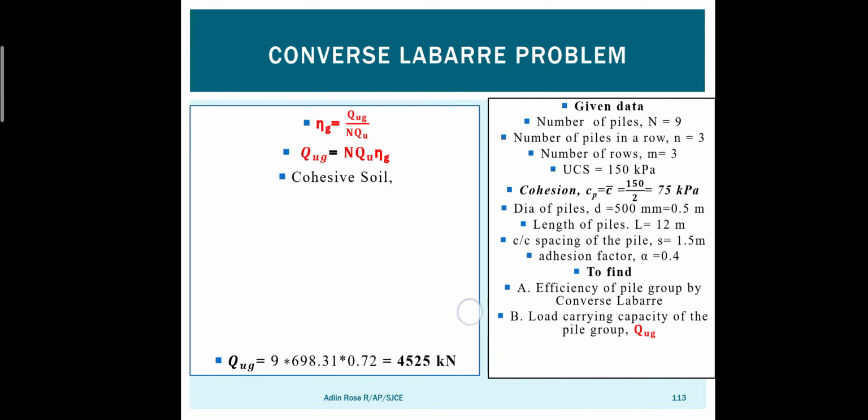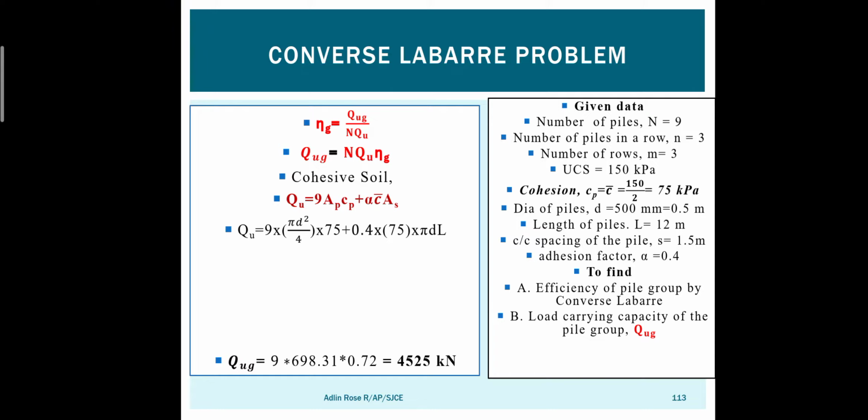For a cohesive soil, single pile capacity by static formula is QU is equal to 9 Cp Ap plus alpha C bar As. So substitute the values: 9 into Ap, the cross-sectional area. Since it's a circular pile, the cross-sectional area is circle area, pi by 4 d square. Substitute the value of diameter there, into Cp we found in the given data 150 by 2, 75.